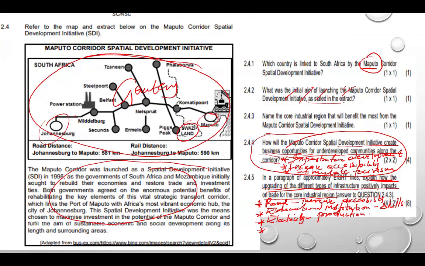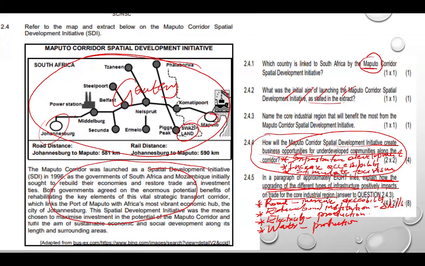What else? Because we're talking about infrastructure, the upgrading of different types of infrastructure. So we have water infrastructure. How will water infrastructure assist there? It is also going to assist in production. Remember now, when you're looking at the Maputo corridor, you're not only looking at one type of activity.